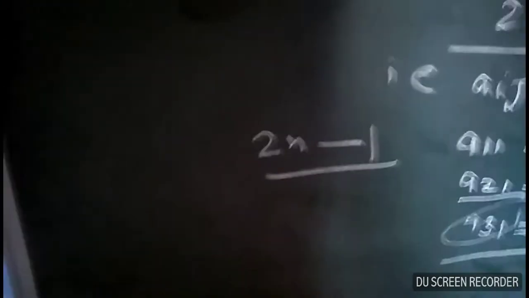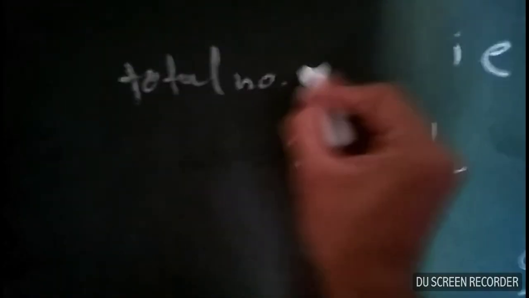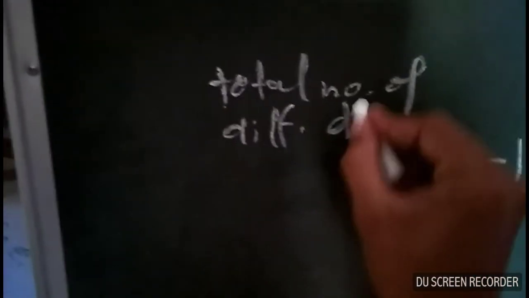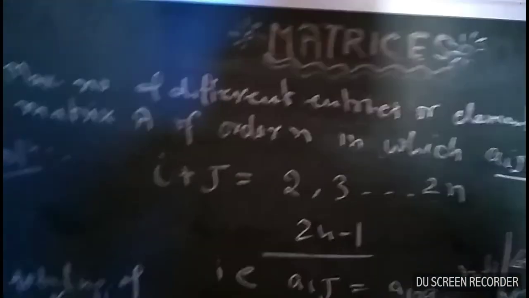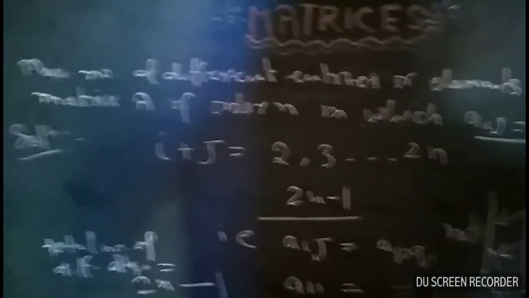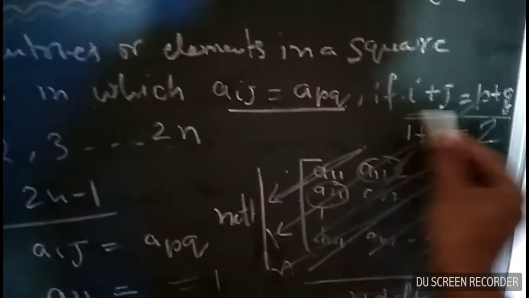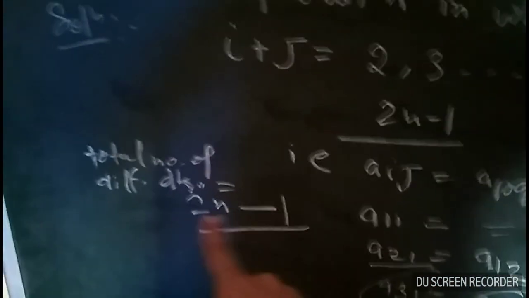Then we subtract one element and we get the total number of different elements equal to 2n minus 1. So the maximum number of different entries or elements in a square matrix A of order n, in which Aij equals Apq if i plus j equals p plus q, is 2n minus 1.